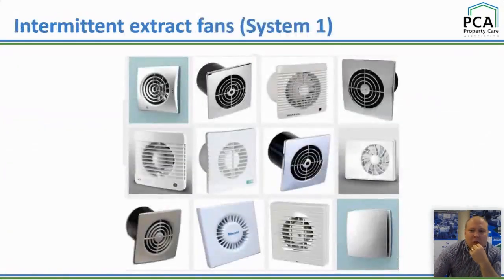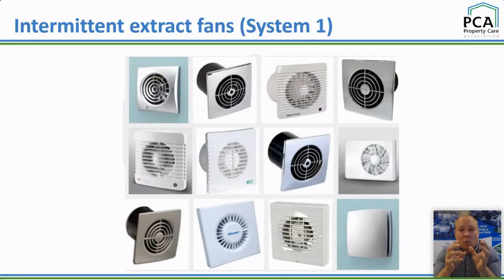So just to quickly look at each of those in a bit more detail. I hate this slide actually, but that's your standard extractor fans, what we're all familiar with, all seen thousands in our lifetimes. They normally operate in a number of ways. They can be manual, they might have a humidistat, but they're intermittent. If you've got something like that, you should always consider it a form of purge ventilation, because it's not continuously dealing with the issue.